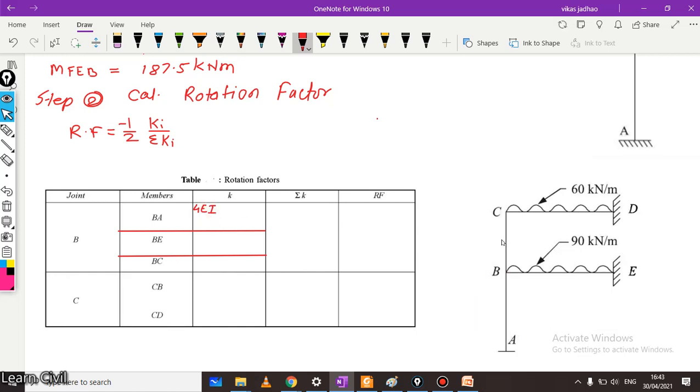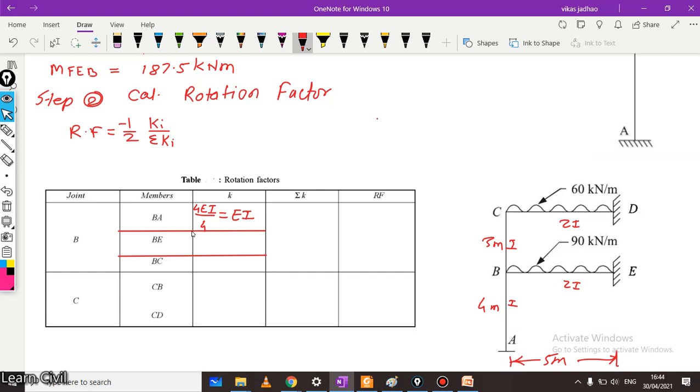Here the moment of inertia is I, and here it is twice I. So 4 EI by L, span of BA is 4 meter, this is 4 meter, this is 3 meter, and for BE this span is 5 meter. Now this will be equal to EI. So stiffness for BA will be equal to EI.